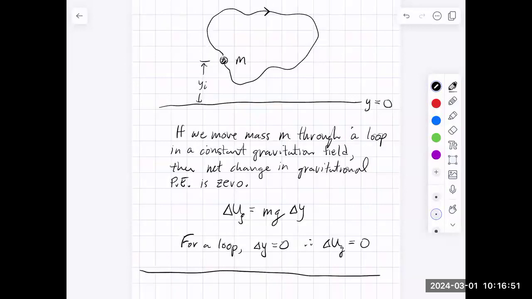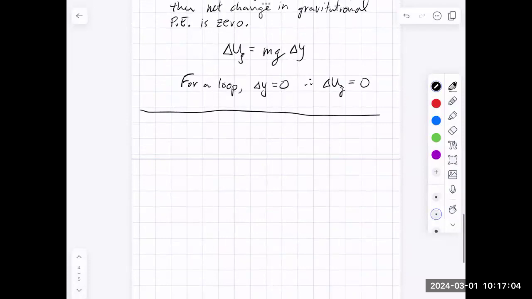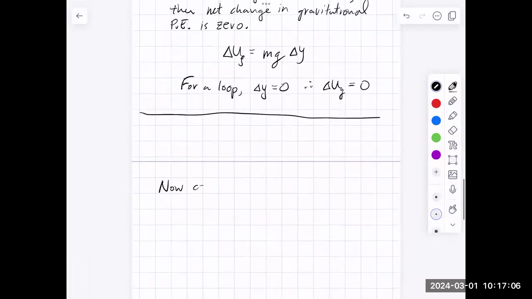So remember, the potential energy of a charge moving through some electric potential was U equals Q times V. So let's now consider a charge, we'll call it little q, moving around a circuit.